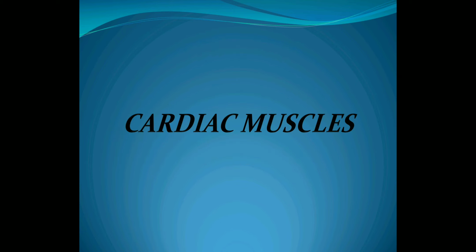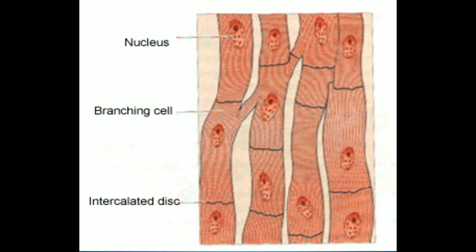Now coming towards the third type of muscle, that is cardiac muscle. In this muscle, you will find the tissue shows characters of both striated and non-striated fibers. The sarcolemma is not distinct.